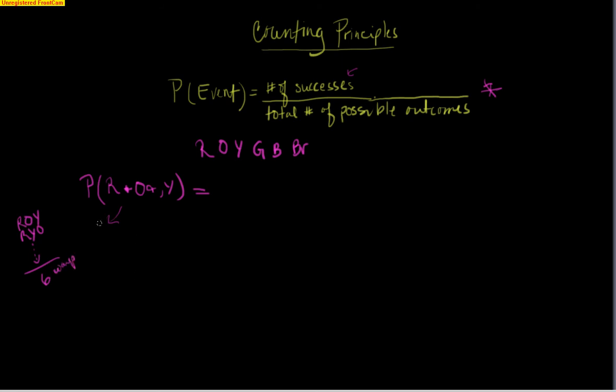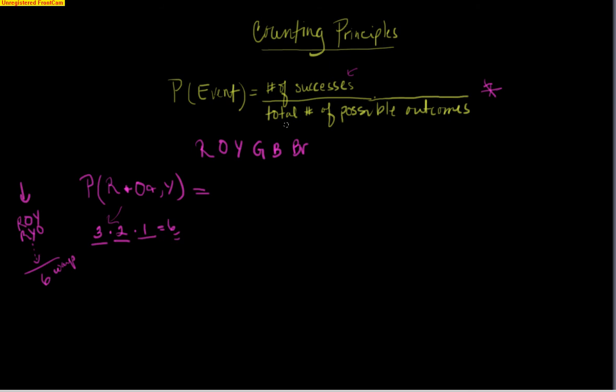Really what that is, it's like saying for the first candy that you pick, you've got 3 choices. Once you've picked one, there's 2 left, and so you've got 2 choices for the second candy that you pick. And then for the last candy, you only have the 1 choice, whatever's left there. So that is 3 times 2 times 1, and voila, it equals 6. You don't actually have to go through the process of listing all the different ways.